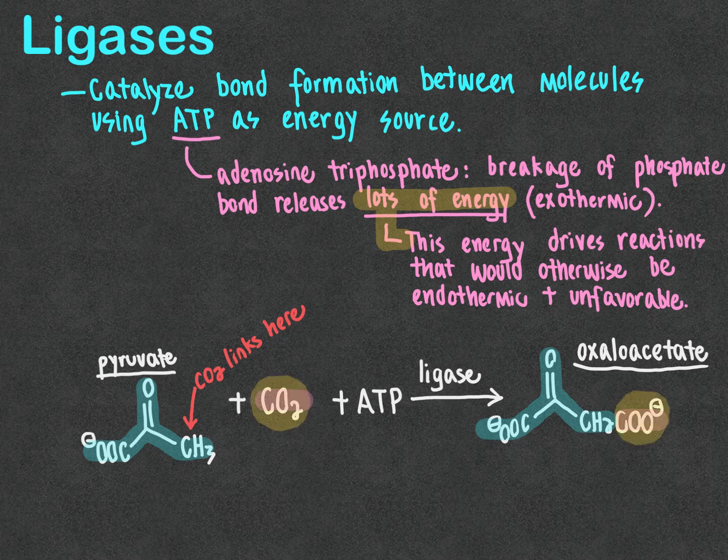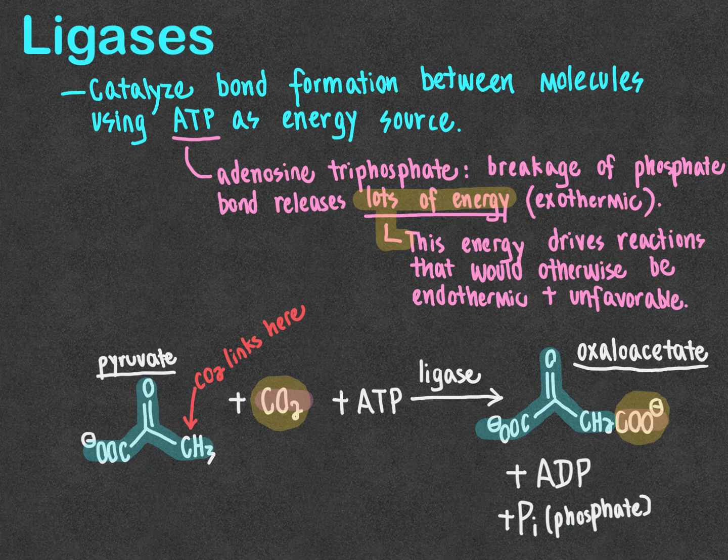That requires ATP as an energy source because this reaction of converting pyruvate to oxaloacetate would otherwise be an energetically unfavorable reaction. When we break ATP apart, I show as a product of the reaction adenosine diphosphate because the breakage of one of the three phosphate groups of triphosphate is what results in the release of energy to help drive this reaction of converting pyruvate into oxaloacetate.